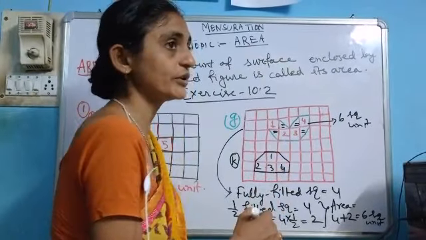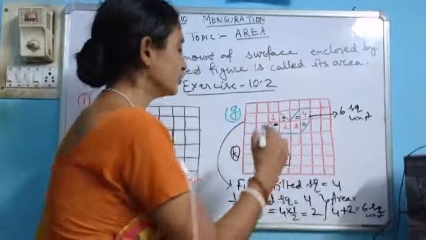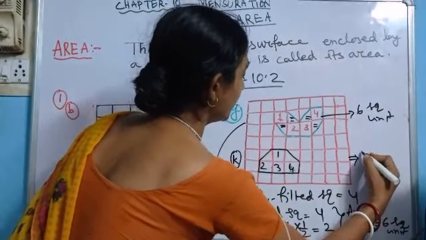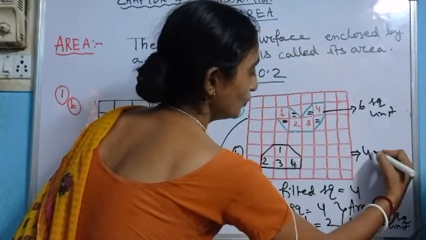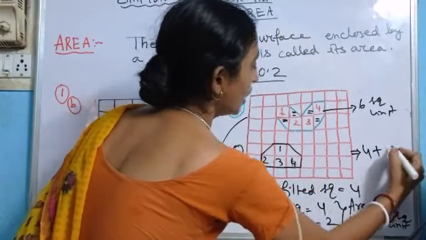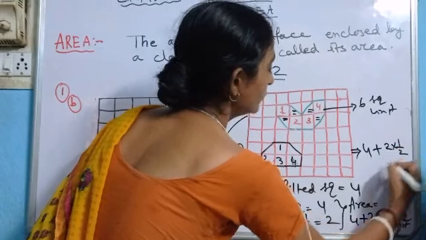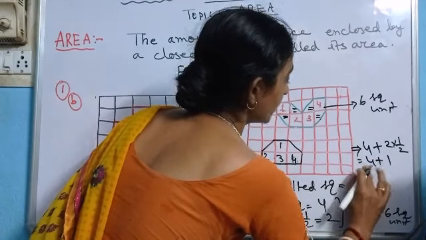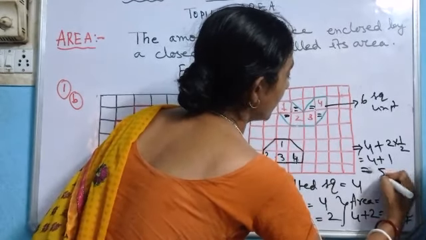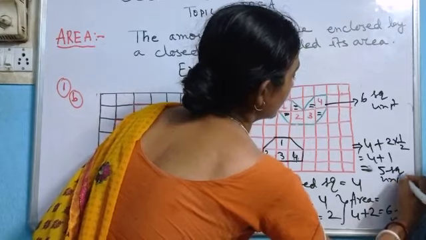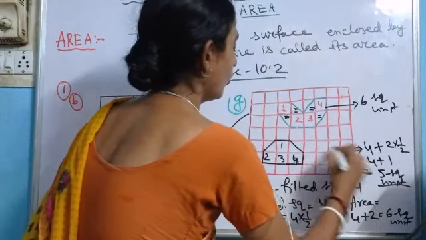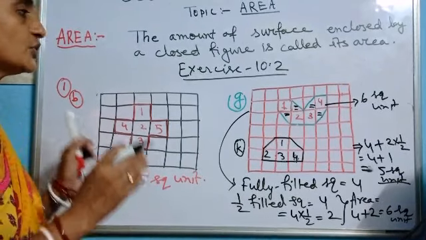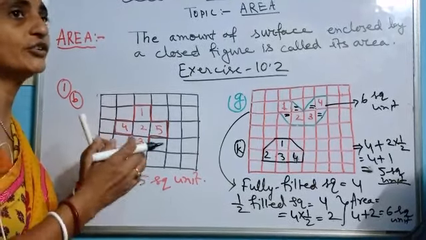So 2 halves stand for 1 completely filled square. So for K, our area will be 4 full, plus 2 into half, that is 4 plus 1, equal to 5 square units. This is the area for part K. These are the things you can apply when you get this kind of shape.